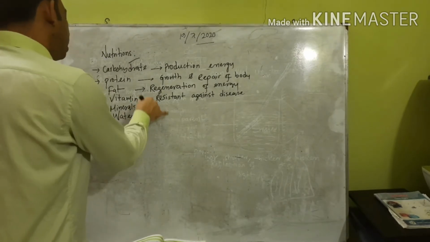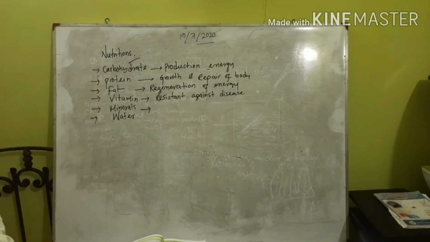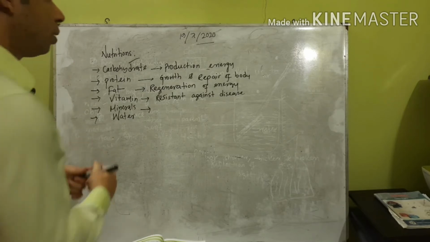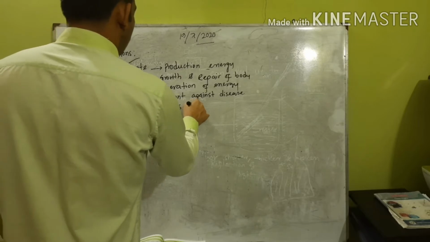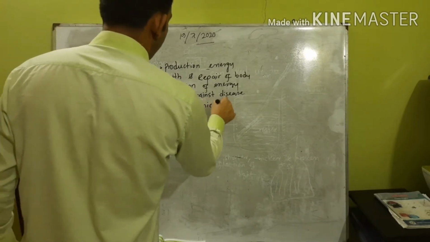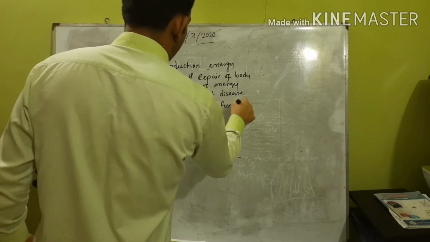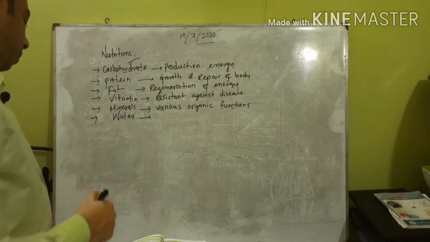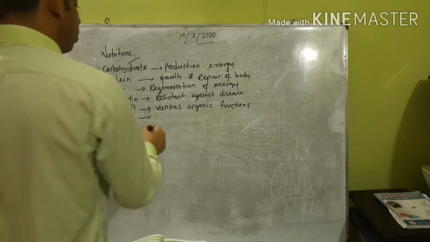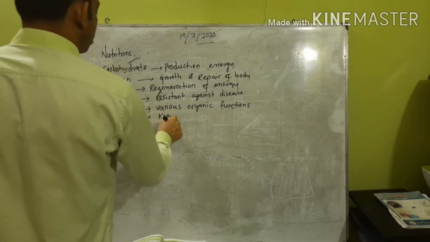And minerals, very importantly, we can say the various organic functions in our body, in case of both plants and animals. Water keeps balance of the temperature.